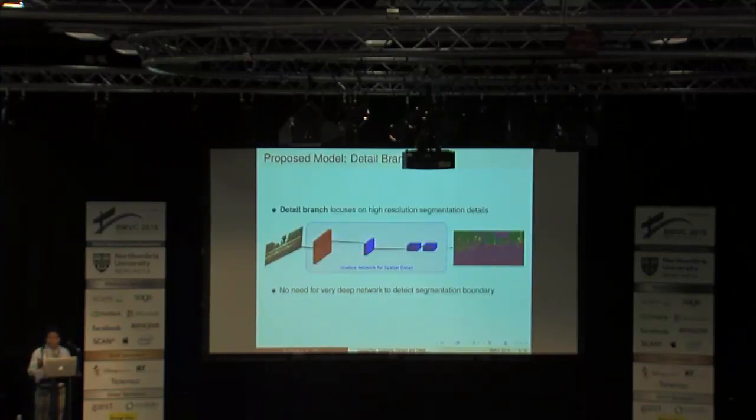And in the detail branch, we don't need a large field of view. We need a small field of view, but we need high resolution images. So we want to learn these things on high resolution images, but we just need a very small field of view. That means we don't need many layers, just 3-4 layers.